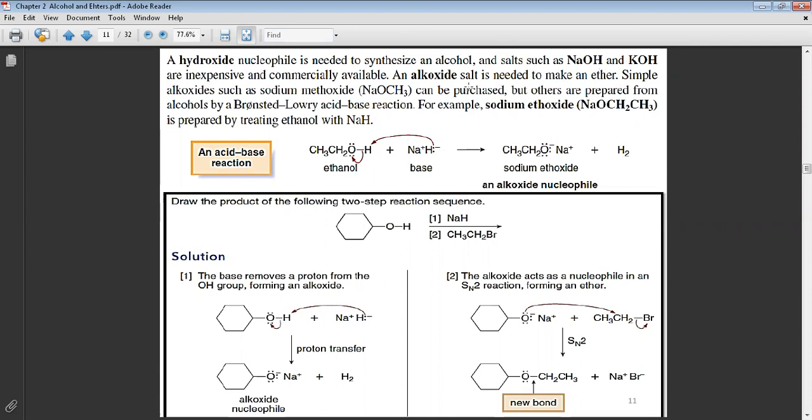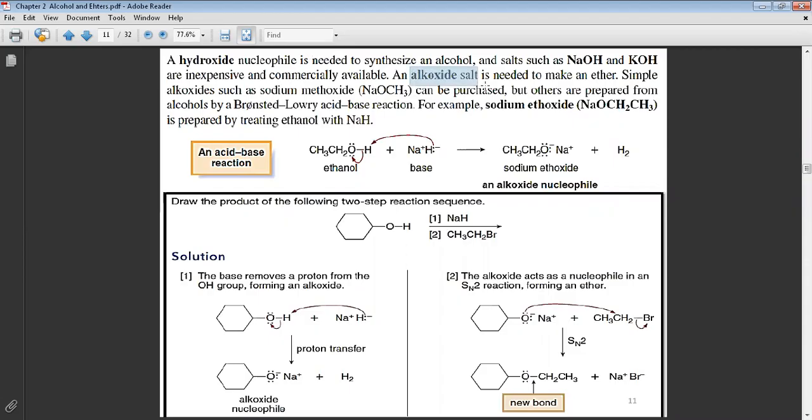Okay, simple. It is just a simple alkoxide such as sodium methoxide. Sodium methoxide, not very complex, can be useful for the reaction. But others are prepared from the alcohol. That means we can also prepare our alkoxide salt from alcohol. Now, what does alkoxide salt mean?